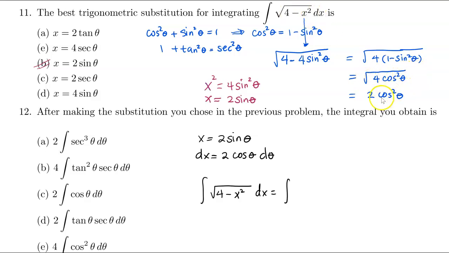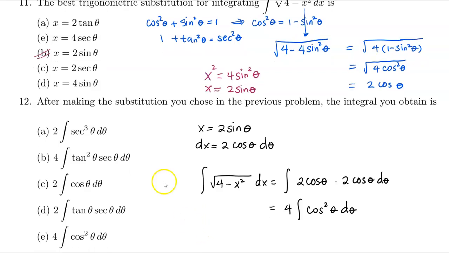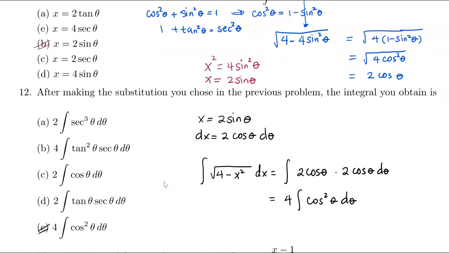Now when you take the square root, that is equal to 2 cosine theta. And then the dx here will be replaced by this, so times 2 cosine theta d theta. So this makes it equal to 4, 2 times 2 is 4, integral of cosine squared theta d theta. So let's look for that. Okay, so that's letter E.